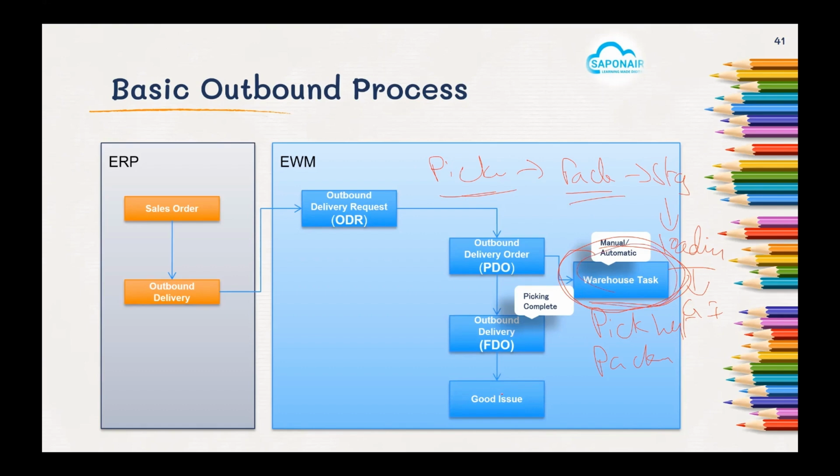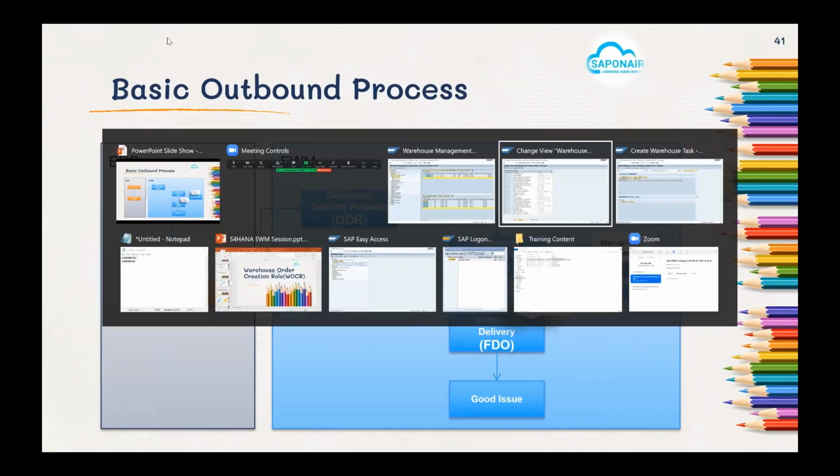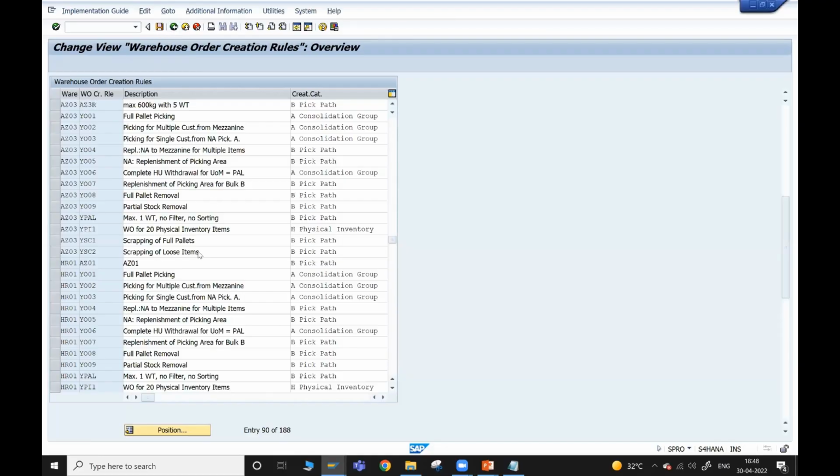And finally you stage it and do the goods issue, and then the delivery gets created, and you print it and create a delivery note and send it to customers. Okay. All right. So the delivery integration is the same as what we have seen in our inbound process. Are you guys following? It's clear, right?